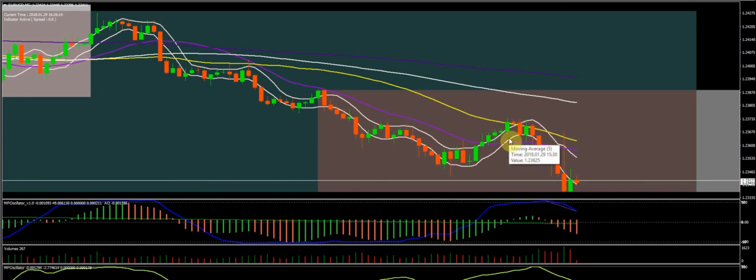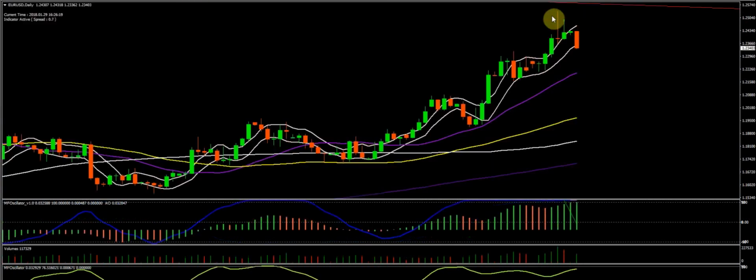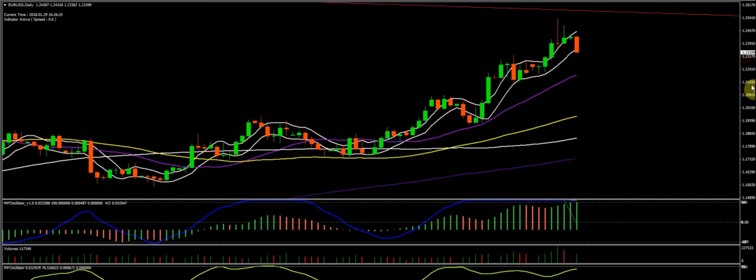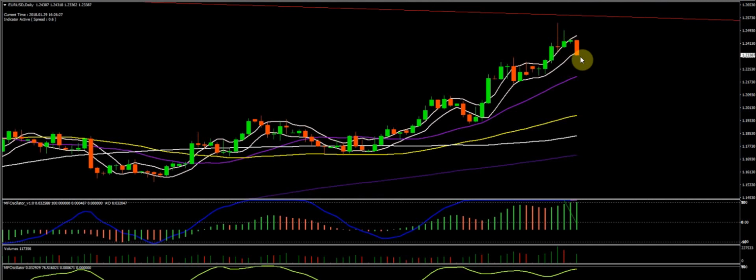It looks like potentially we have got some dollar strength coming back in now. We can see that we've had a bit of a sell-off on the euro dollar. We are in the area where this can bounce and pull back higher, so it'd be interesting to see if we do get a strong close like this today, and we do get a retracement, then there will be some opportunities to get short.